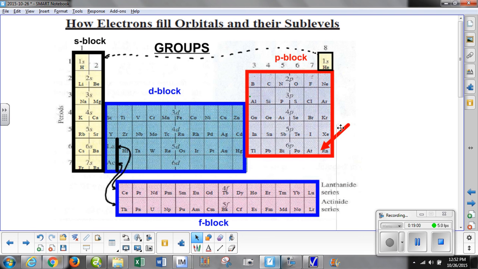And the properties are caused by their valence electrons. All of these guys have 8 valence electrons, except for helium, which has 2. And that's the electrons in its highest principal energy level, the s and the p electrons. Okay? That's going to mean more as we go along.